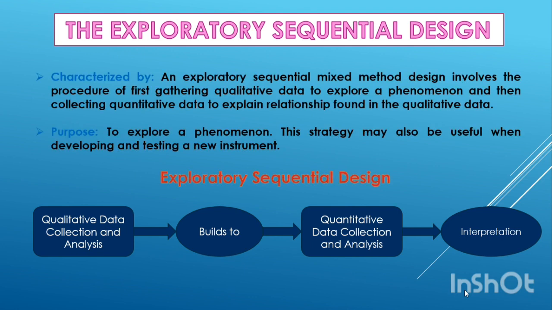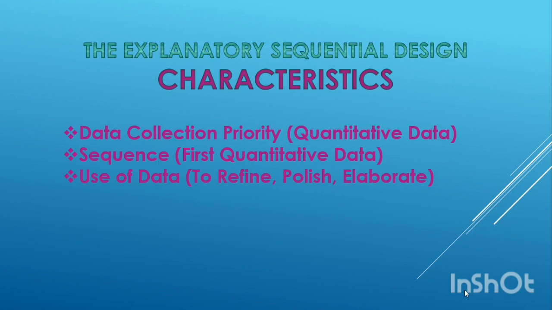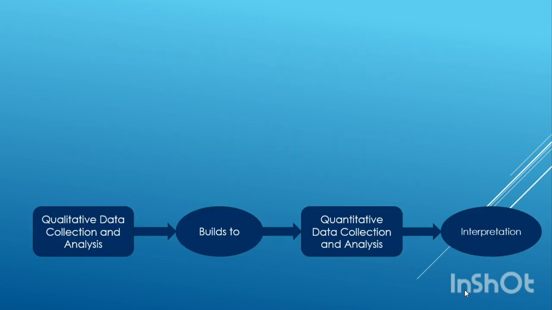Okay, the exploratory sequential design. This involves the procedure of first gathering qualitative data to explore a phenomenon and then collecting quantitative data to explain the relationship found in the qualitative data. So this is different from the explanatory sequential design.